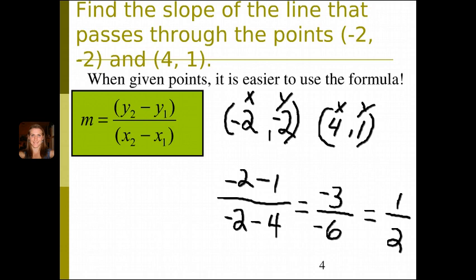So the slope of the line that passes through these 2 points would be 1/2. Your answer here is m, or slope, equals 1/2.